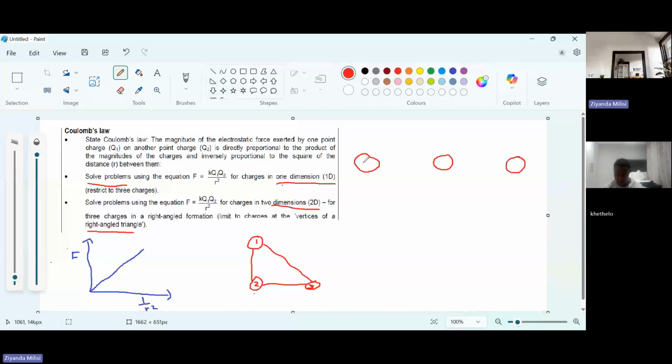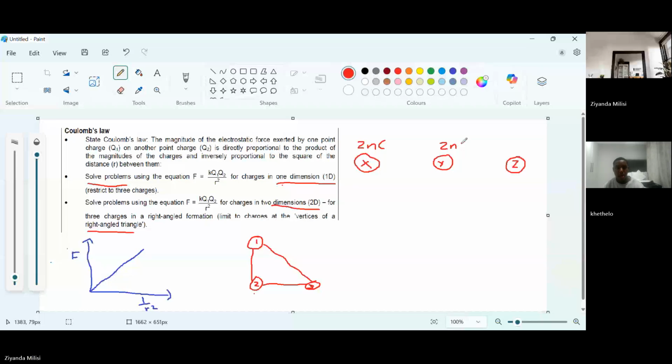Let's say it's charge X, Y, and Z. X is 2 nanocoulomb, Y is also 2 nanocoulomb, and Z is negative 3 nanocoulomb.